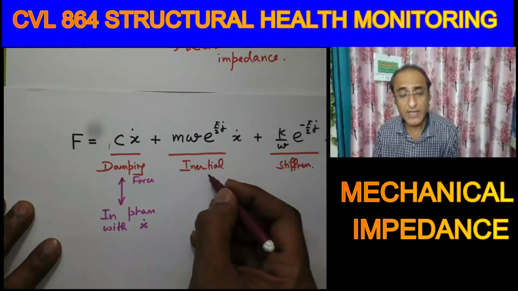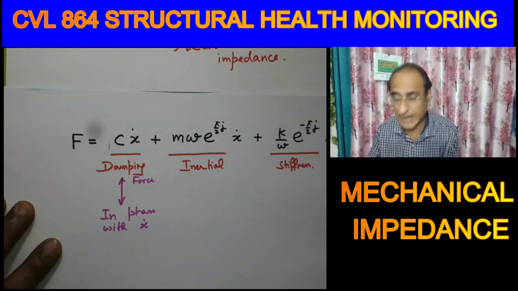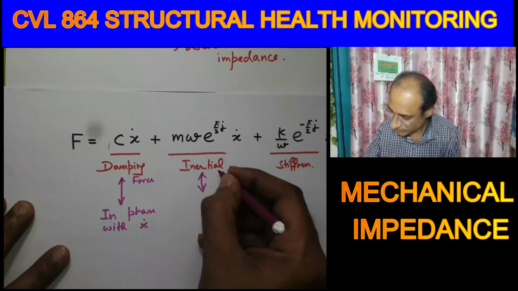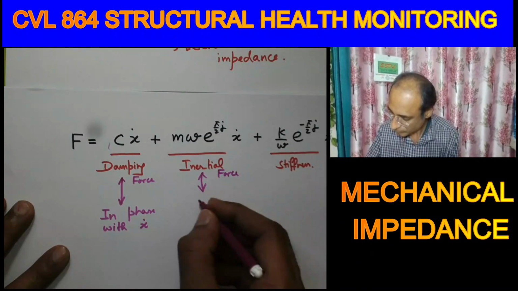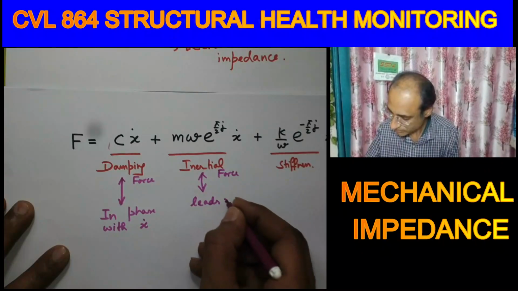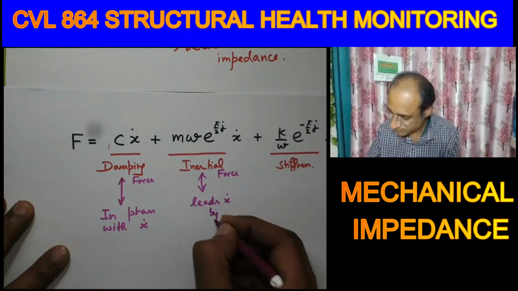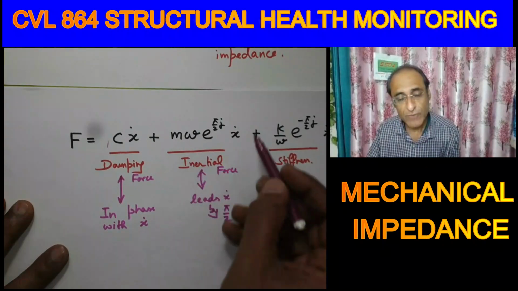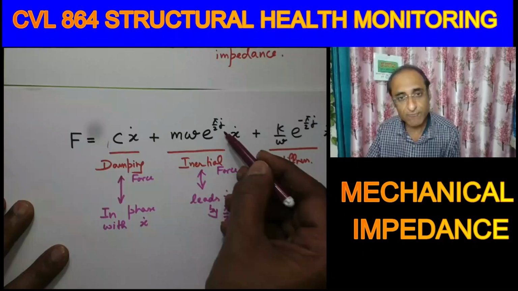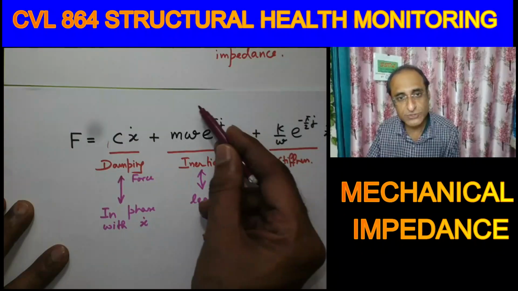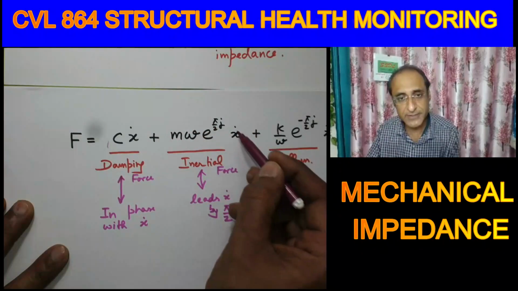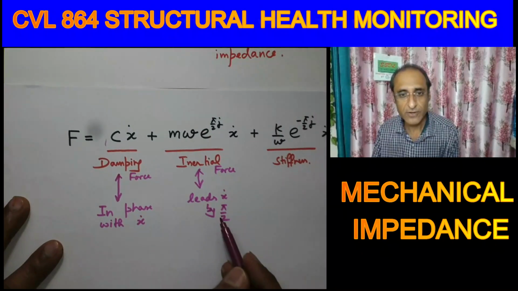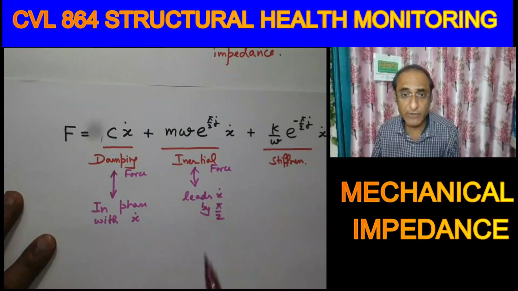Inertial force always leads the velocity by pi by 2, because whatever is the phase of the velocity, the phase of the force, because there will be a multiplier here, always leads the velocity by pi by 2.